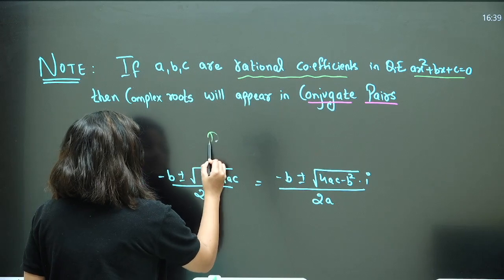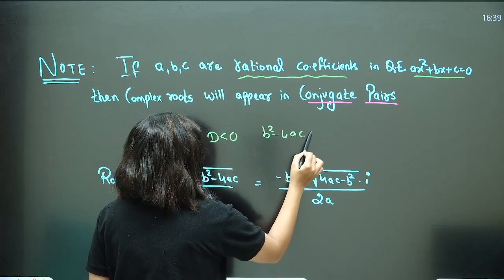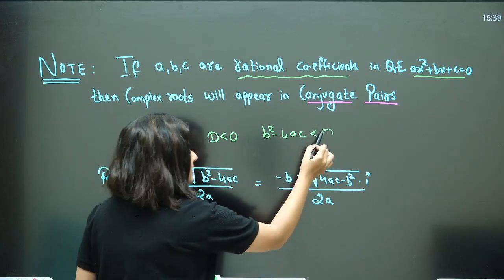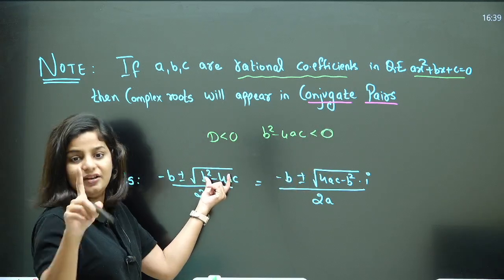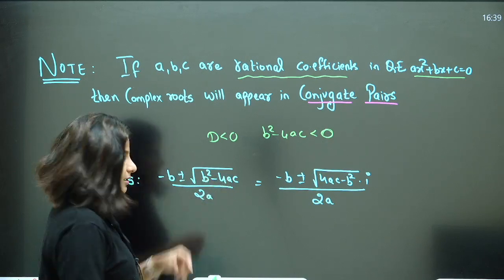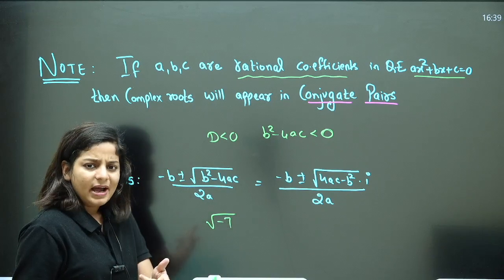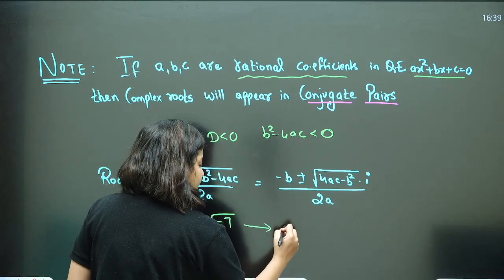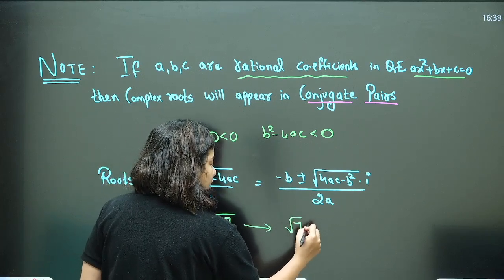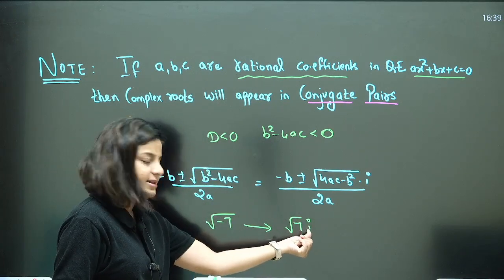If I say that the discriminant is less than 0, or b square minus 4ac is less than 0, b square minus 4ac is negative. Take the negative sign. What I am trying to say is, when it was root of minus 7, we replaced it as root of 7 into i. The minus sign is taken as root of minus 1 is i.